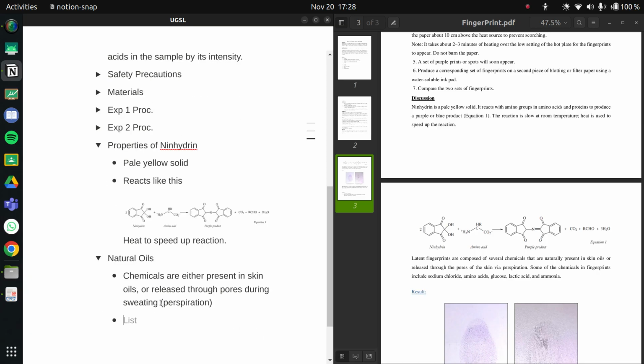They really called it perspiration, huh? Like, do I look like a tree to you? That it should be perspiration, but whatever. So the chemicals in the fingerprints include sodium chloride, amino acids, glucose, lactic acid. Okay.